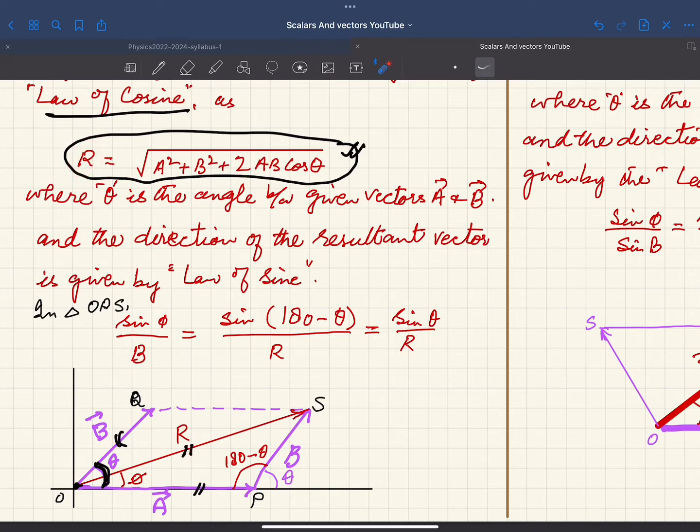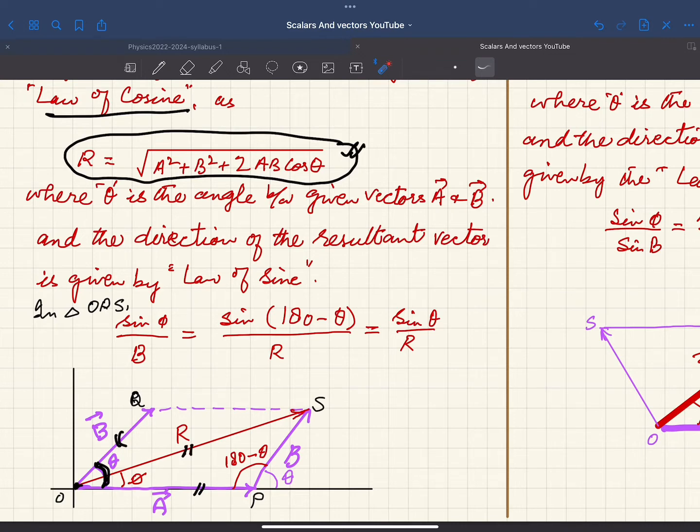Again, this R is just giving you the magnitude of the resultant vector, but when you need the angle, you need to use the law of sine. So the law of sine says that sine phi over b is equal to sine of 180 degrees minus theta divided by r. So this is your r. Here you have the angle which your resultant vector will make, and this is your phi.